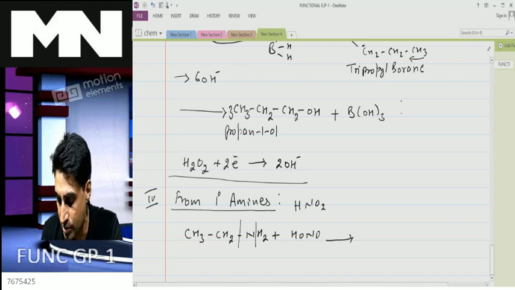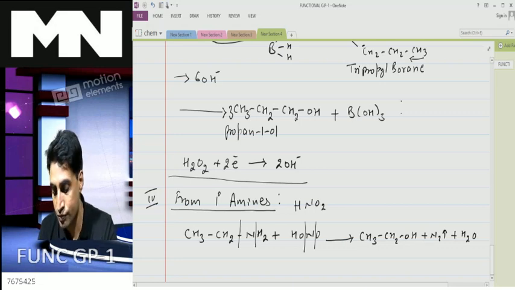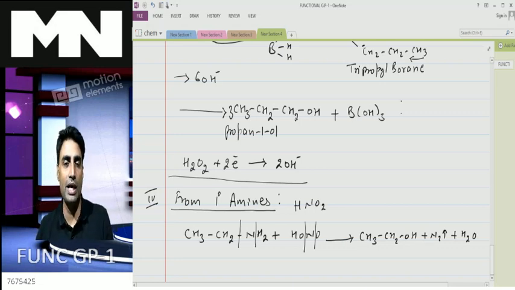Likewise, we can divide nitrous acid also into 3 parts. The first part of nitrous acid will combine with this ethyl group and I will get ethanol. The second part will combine with the second part, leading to the formation of a nitrogen molecule. The third part will combine with oxygen, leading to the formation of H2O. So this is how we can prepare alcohols.